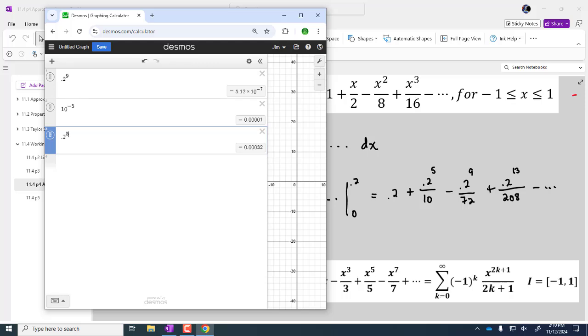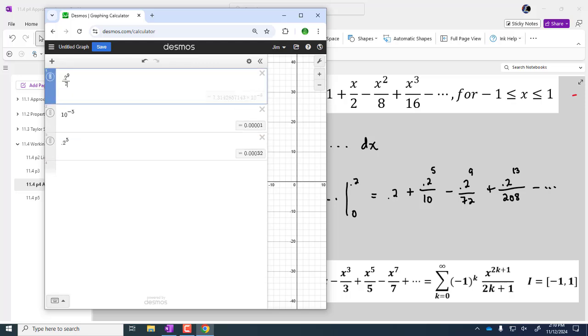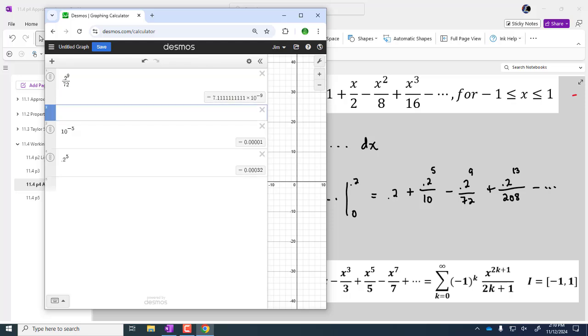Oh, and I didn't divide by 72. No, but that's just going to make it even smaller. That's not going to change anything if it already meets the criterion. Divide that by 10. So this one, is that less? No, that's not less because the 5th decimal place is a 3, the 5th decimal place is a 1. So the term that's less is that 9th power term.